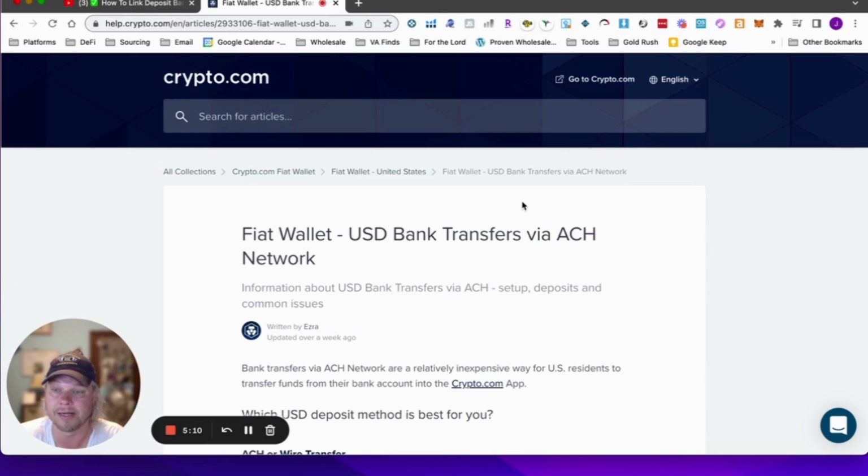What people have done, let's just say Wells Fargo is one that won't do business, and I don't know that for a fact. Wells Fargo might have no problem sending to crypto.com or whatever other service you use to buy crypto. But let's say they do have an issue. Basically, people just open up another bank account. I get it's kind of a pain in the butt, but there's ways to do it literally online. You don't have to go to another bank.